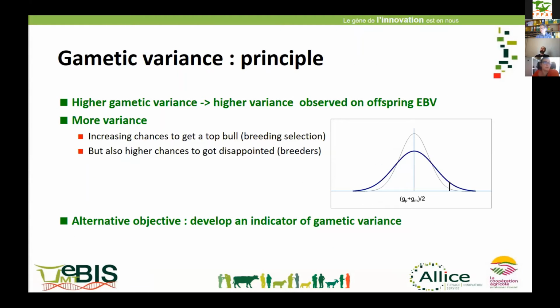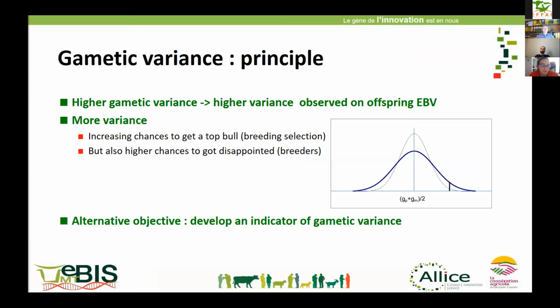So why did we want to look at this gametic variance? Because higher gametic variance means higher variance observed on offspring, and what is the interest of more variance? From a breeding company's point of view, it means an increased chance to get a top bull, but from a breeder's point of view, it also means a higher chance to be disappointed, because you'll be very far from the mean.